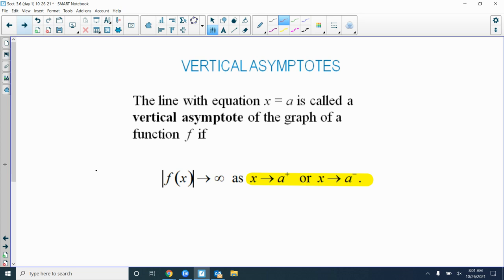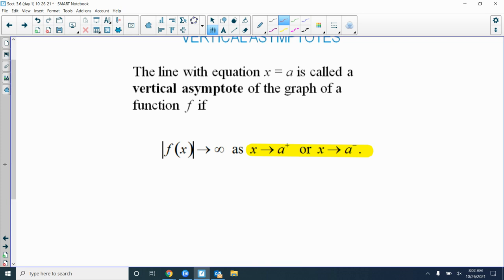All right, here's your definition of vertical asymptotes. The line with the equation x equals a is called a vertical asymptote of the graph if, now they just throw in the absolute value, the absolute value of f of x goes to infinity as x goes to a with a little plus or a little minus. That means from the right or from the left. I like to put the x first.